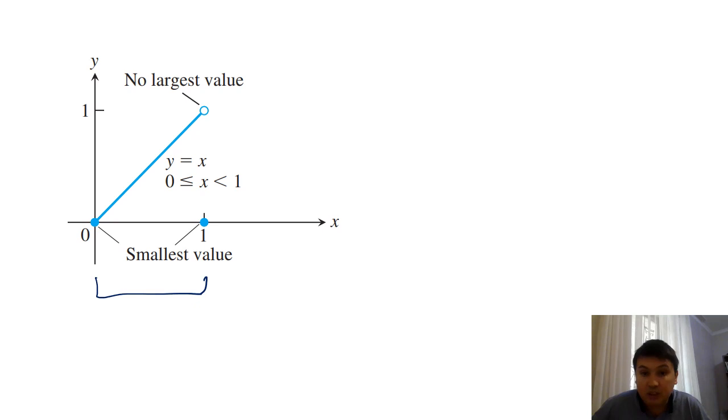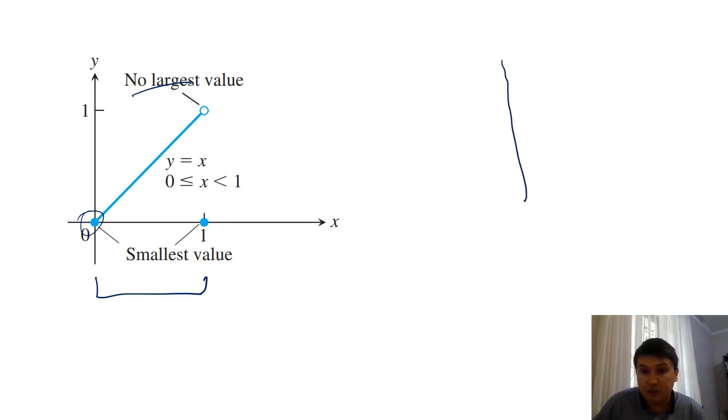So this is not continuous, and while the limit goes to 1, it never reaches 1, so the maximum doesn't exist. No maximum, but a minimum might still be there. So if you do not have continuity, we cannot guarantee the existence of maxima and minima.